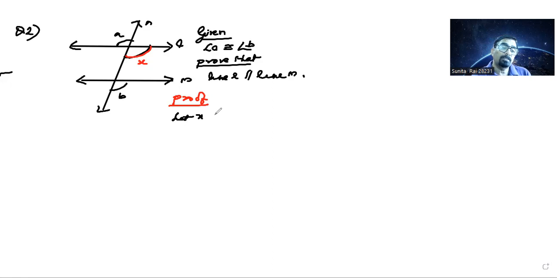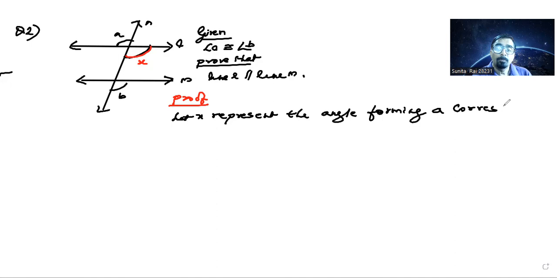Let X represent the angle forming the corresponding pair with angle B. Now you can see here, children.